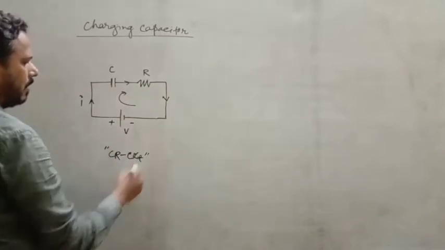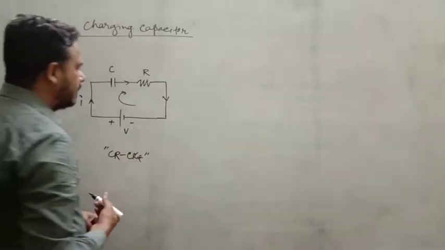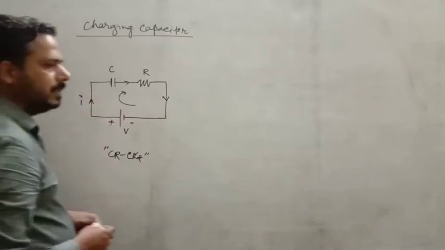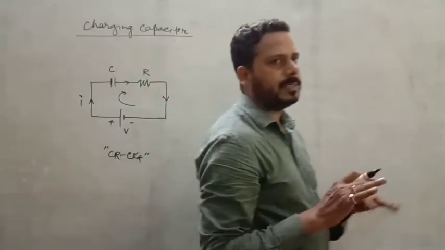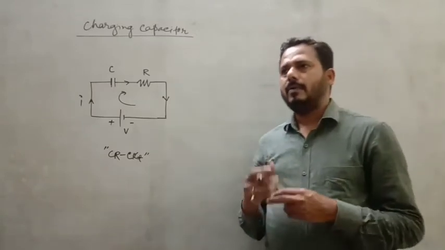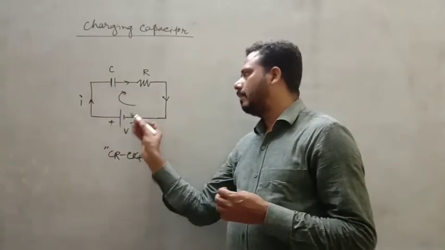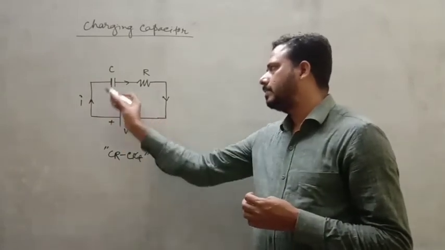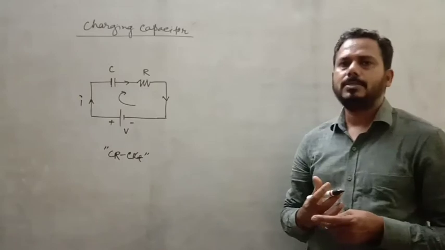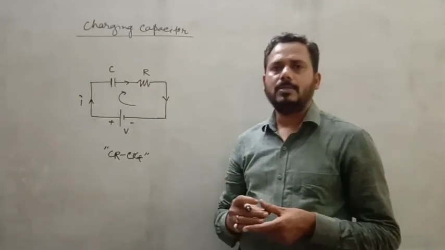Now you see that at time t equal to 0, your capacitor has no charge in it. But as time passes, due to the flow of current and charge through the circuit, your capacitor is going to be charged.